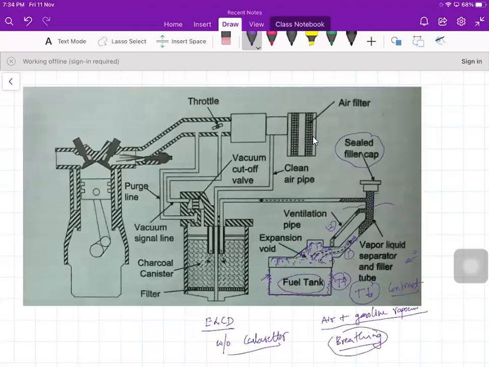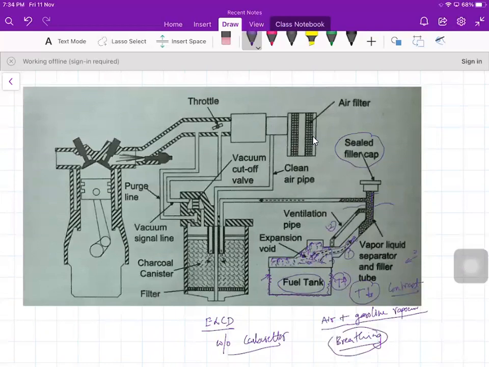Okay. Now, due to the rise in temperature and the ventilation of air, both will be settled only in the empty space of your fuel tank.